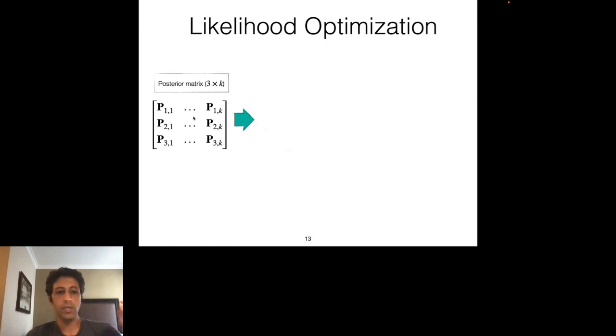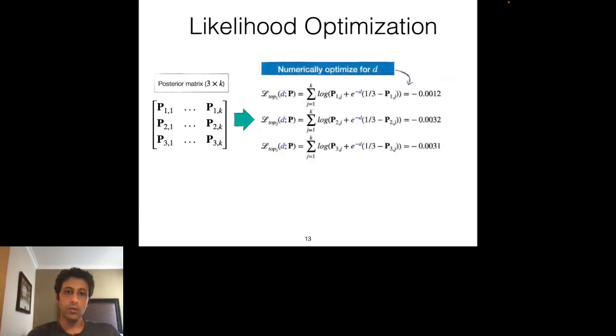Again, the input was generated with MrBayes, or whatever Bayesian method. You get this matrix. For each quartet, you have 3 topologies. For each of the 3 topologies, this would be their likelihood. Now, of course, we don't know what the branch length is, but we can optimize for it. And it turns out optimizing for D in this equation is relatively easy. I don't think we can do it analytically.